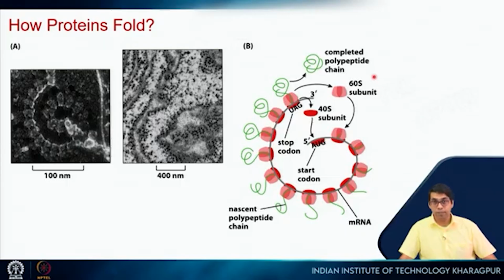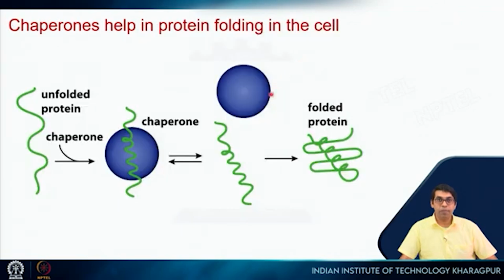However, in some cases, slightly bigger proteins or proteins with a lot of hydrophobic residues might not fold properly. Or it can happen that most molecules fold properly, but there are some molecules which do not fold. In that case, extra help is needed, and that help is provided by other types of molecules. These are also proteins, called chaperones.